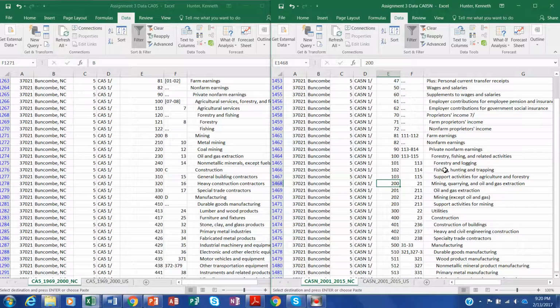Mining is line code 200 again, but it's industry code 21. They went to a numeric code, and what they did was, and they built off of it, the main industries were 2-digit, and then sub-industries were treated with a 3-digit code. Same you can see there with utilities and construction.